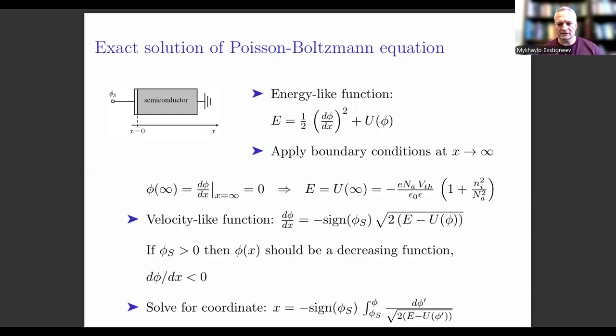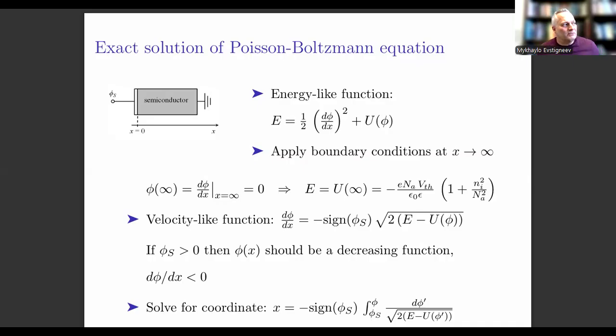The boundary conditions tell us that far away from the surface, when x goes to infinity, and by infinity I do not mean the other end of the universe, I mean sufficiently far from the surface for the electric potential to drop to zero, and for the electric field to go to zero.